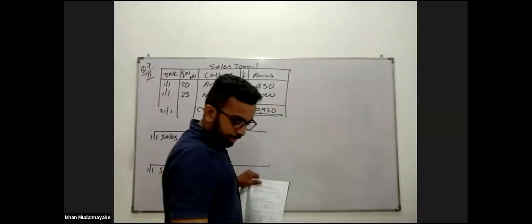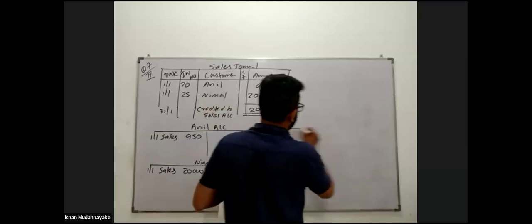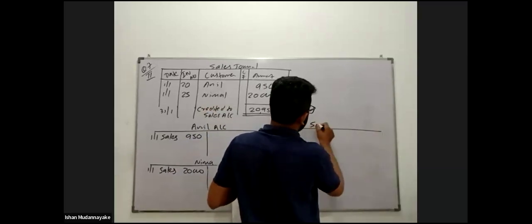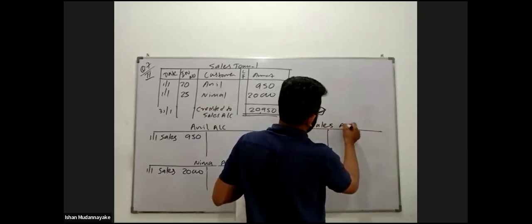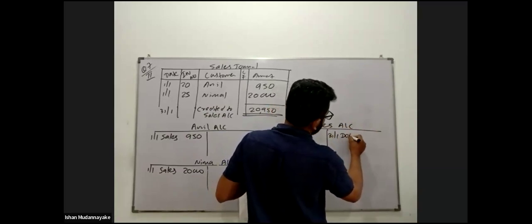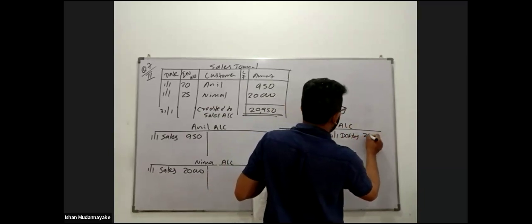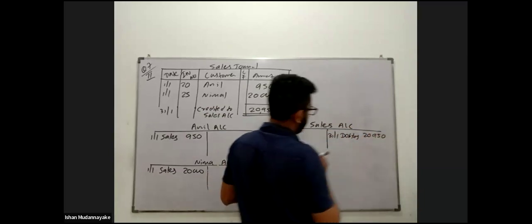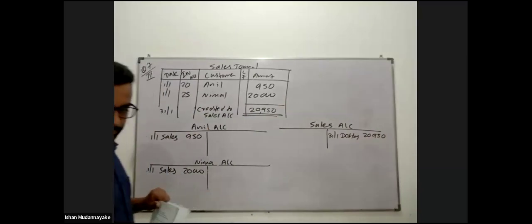Sales account credit, debtors. Sales account credit 31st January, debtors 20,950. Anil account debit, Nimal account debit, total amount, sales account credit, end of the month.